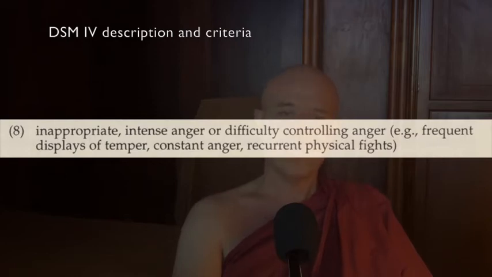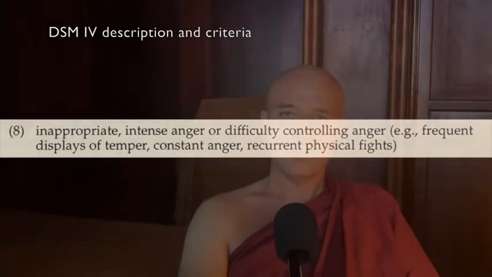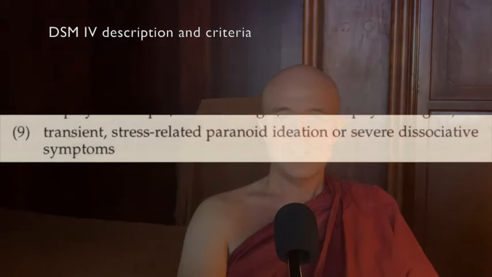For example, frequent displays of temper, constant anger, recurrent physical fights. 9, transient, stress-related, paranoid ideation or severe dissociative symptoms.